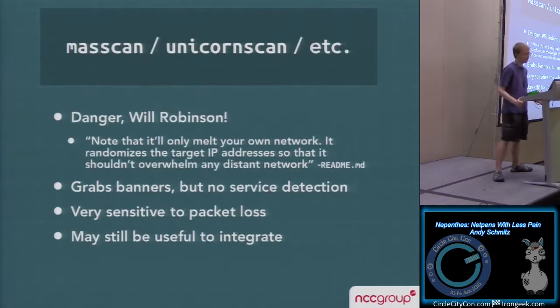Mass scan, at the time we were starting, Unicorn scan was I guess the more initial one there. Those sorts of tools that basically just sort of spray out a bunch of packets and wait for responses are very useful for scanning the entire internet, especially when they go randomly, but it is not particularly great for a lot of our clients.